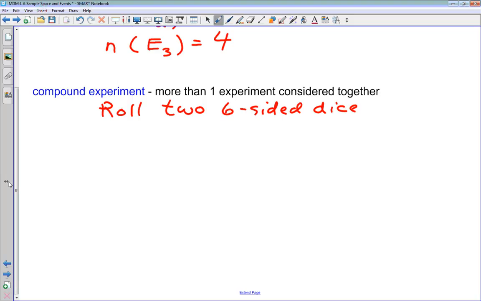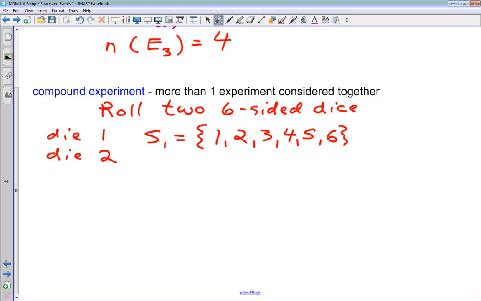So we could consider the sample spaces for our two experiments separately at first. So we could say when we roll die number 1, we have 1 sample space. What are the possible outcomes? Well, 1, 2, 3, 4, 5, and 6. For die number 2, this other experiment will have its own sample space with the same possible outcomes.